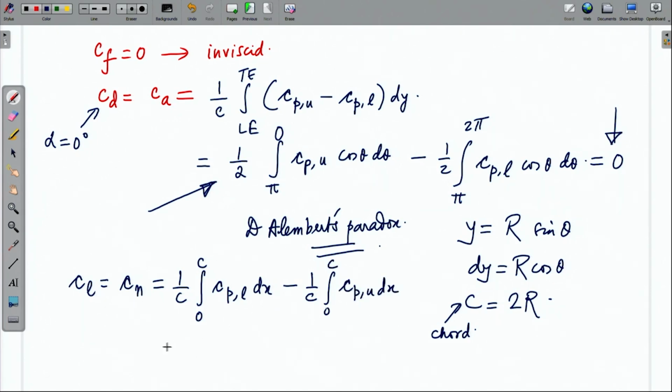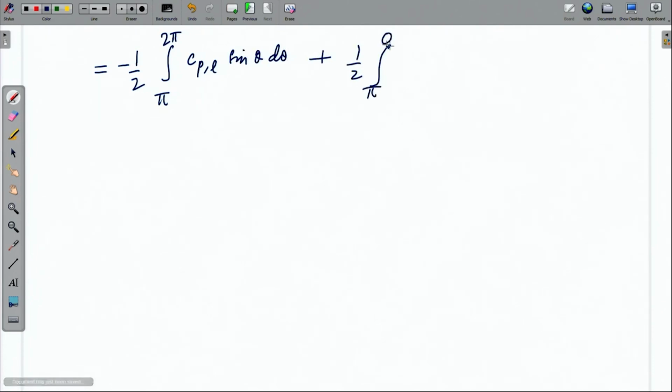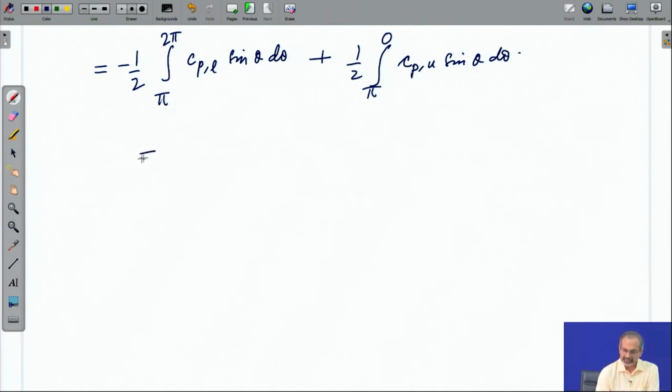This time the transformation has to be x equals r cos theta, therefore, dx is equal to minus r sin theta d theta, and as a consequence that is equal to minus half pi to 2 pi Cp L sin theta d theta plus half pi to 0 Cp u sin theta d theta. Once you integrate, it comes out to be gamma by r u infinity. Again, this is your homework, which you should try doing.